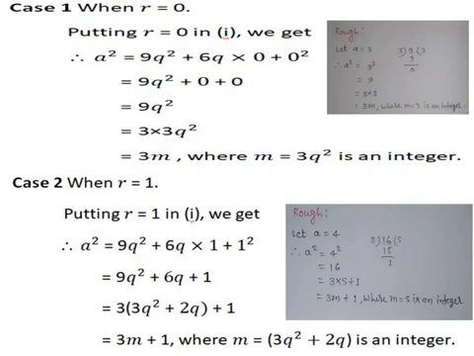Rough: let a is equal to 4, so a square is equal to 4 square equal to 16 equal to 3 into 5 plus 1 equal to 3m plus 1, where m is equal to 5 is an integer. So the square of any positive integer is of the form 3m plus 1.